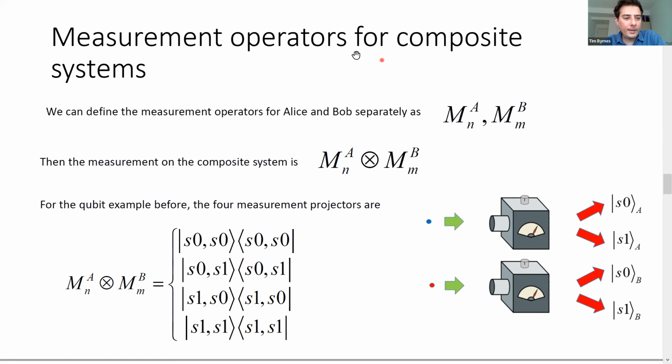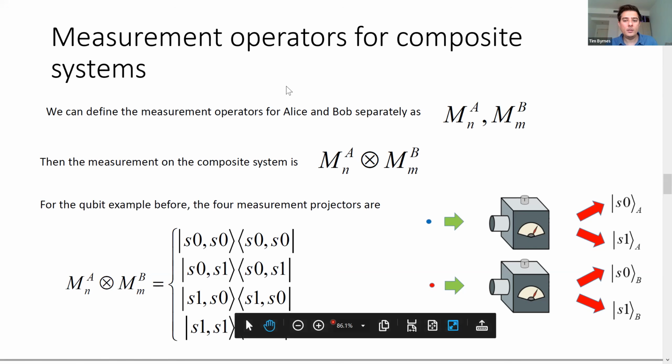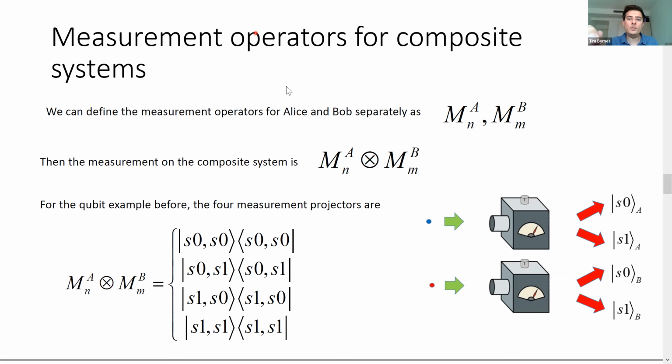So what does that mean? What's happening in this particular situation is that Alice is measuring the particle in her machine, and Bob is measuring his particle, and there are 2 outcomes for both. And we learned previously that each of these measurement devices we can associate with measurement operators, right?